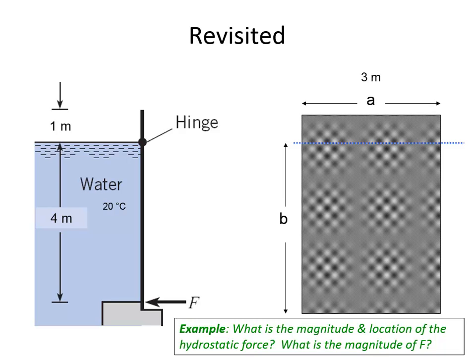And if the plate is 4 meters, one thing that's interesting is that the location of the force is 2/3 of the way down. What's 4 times 2/3? 2.667, right? And that's what we got when we did this formula, 2.667.